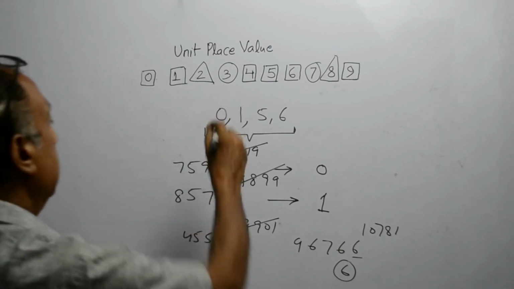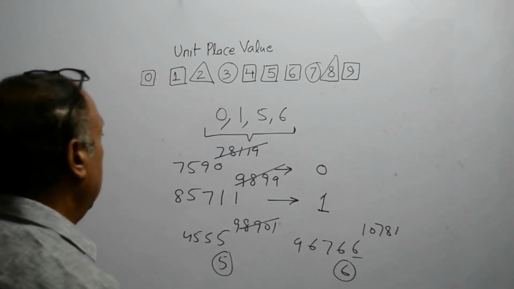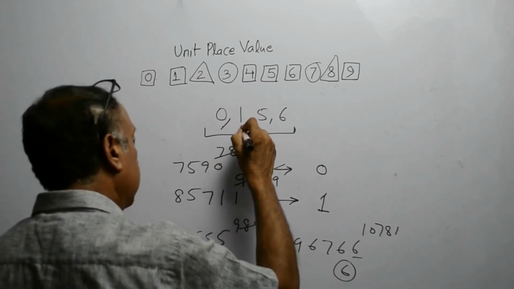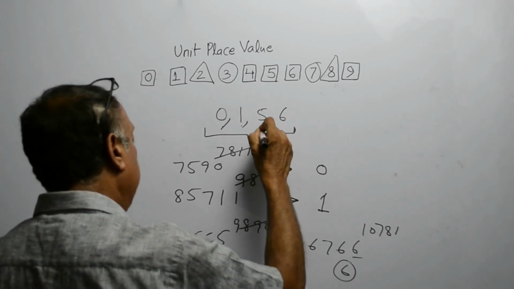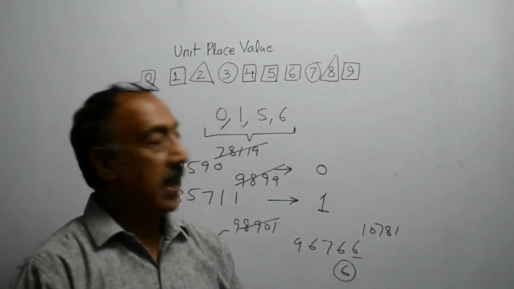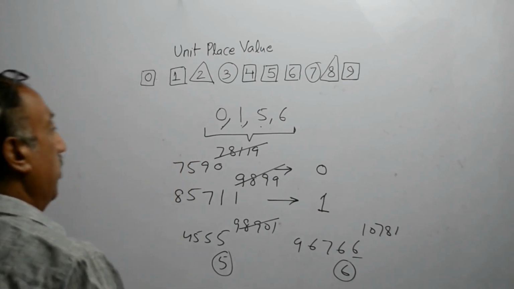So this is the easiest category to handle. 0 will have 0 as the answer, 1 will have 1 as the answer, 5 will have 5 as the answer, and 6 will have 6 as the last digit of the calculation.